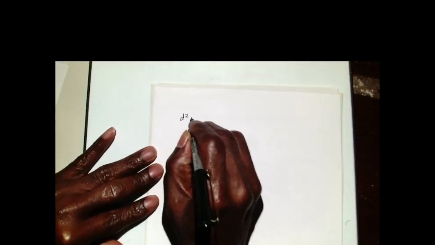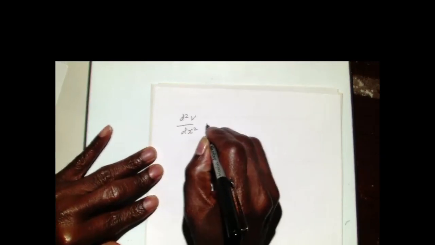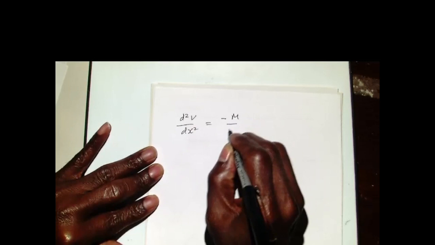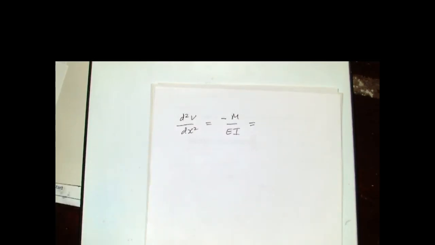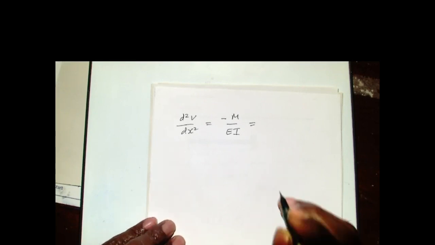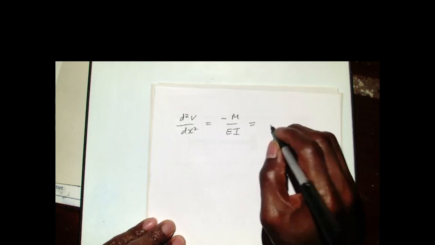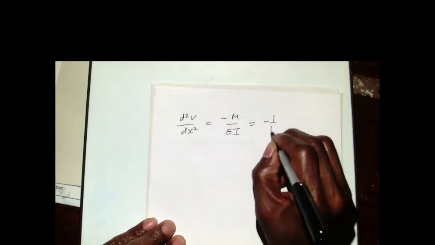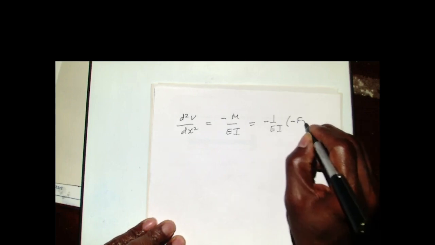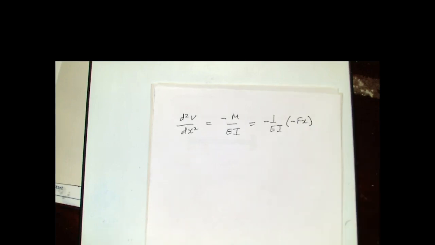I will now have d2v/dx squared, which equals minus M over EI. Instead of M, I now have minus Fx, so I have minus 1 over EI times minus Fx. That's that. Now I'm going to do the first integration, and then the second one.